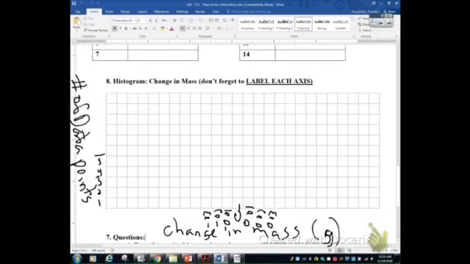When we're collecting the class data, let's say we had 3 groups that went up by 0.02. What you would do is go up to where it has 3 groups and fill in this 0.02. And let's say we had, I don't know, 4 groups that didn't change mass at all. We'd put that in there. And then maybe 2 groups that went down by 0.02.